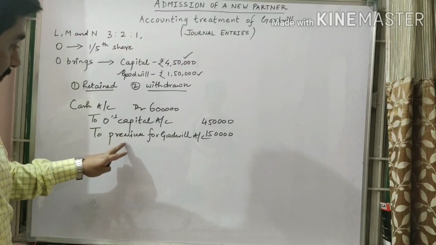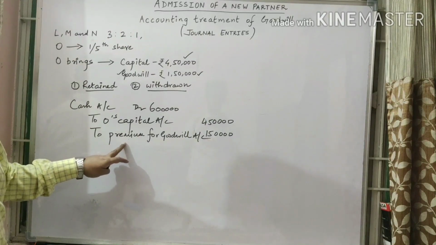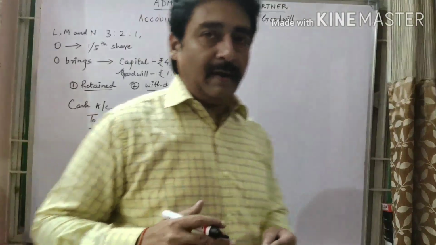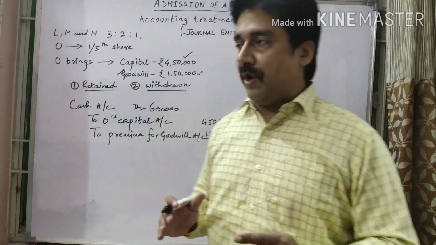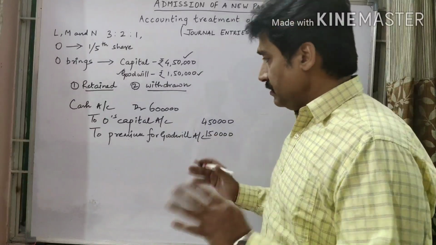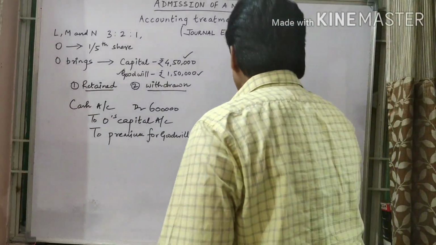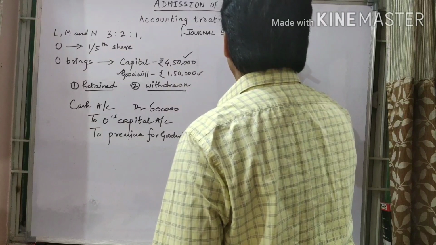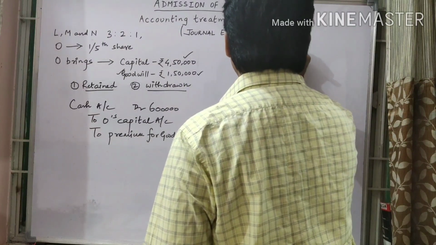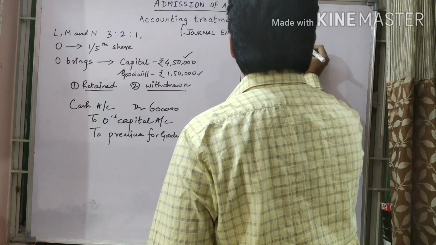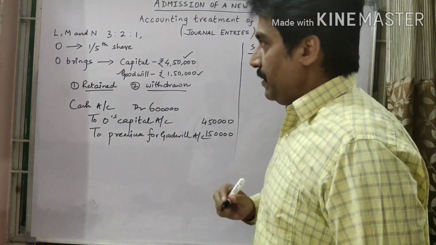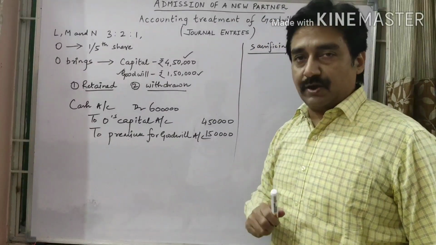Okay, for premium for goodwill, what do we need to do? I told you that you will be distributing this amount of premium for goodwill amongst the sacrificing partners, which means that you will always require the sacrificing ratio of the partners. What will be the sacrificing ratio in this situation?